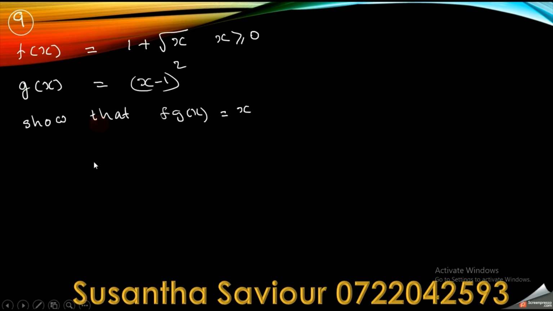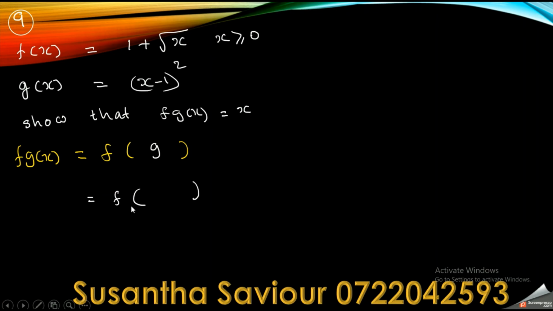What are the questions asked? Show that fg(x) is equal to x. We will try it and see. Here also you better pause the video and try it all by yourself and try to get this answer. What is asked is fg(x). In the function f you apply g, right?